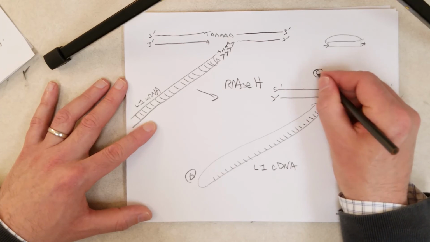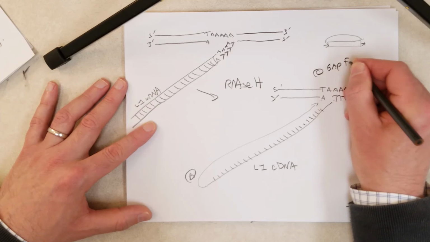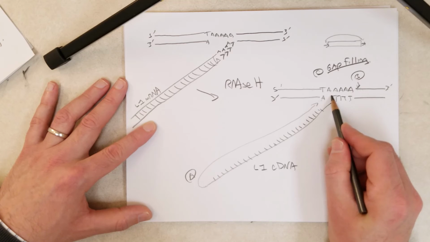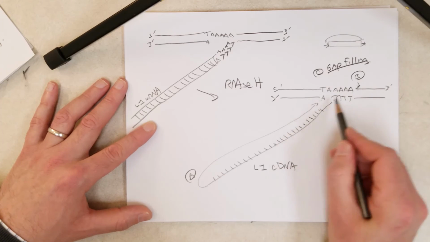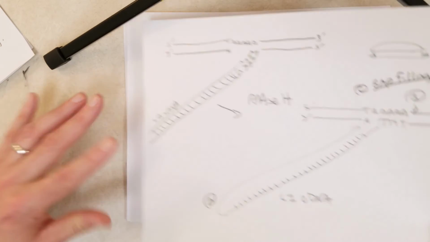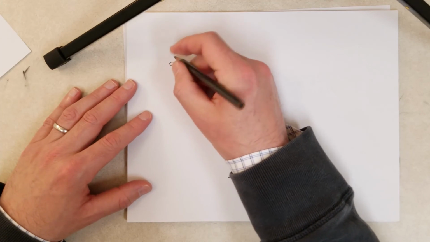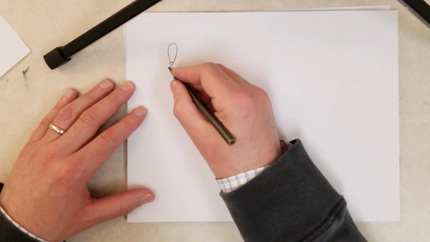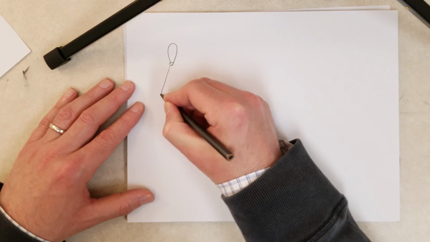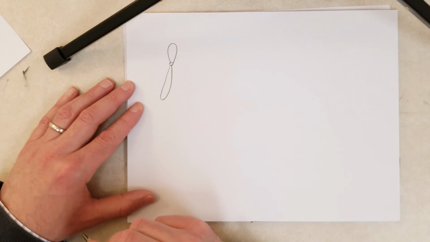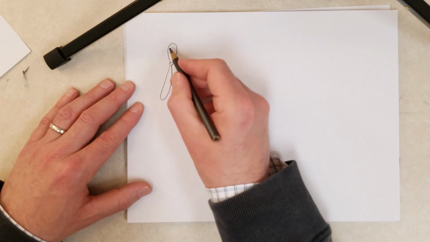And then C, gaps need to be filled, gap filling. Because if you put this in here, there's no place for it. You're going to have to open this up, and then there's going to be some gaps. And those need to be filled by DNA polymerase. So the important part, if you understand the first part, the target primed reverse transcription, up to the RNA-DNA hybrid connected to the target site for the L1 transposition mechanism, if you understand all that, that's good enough.